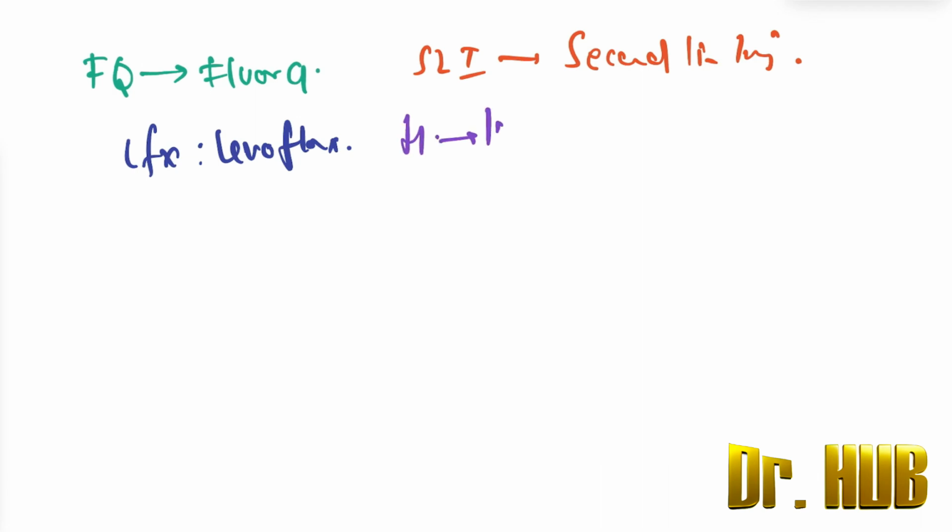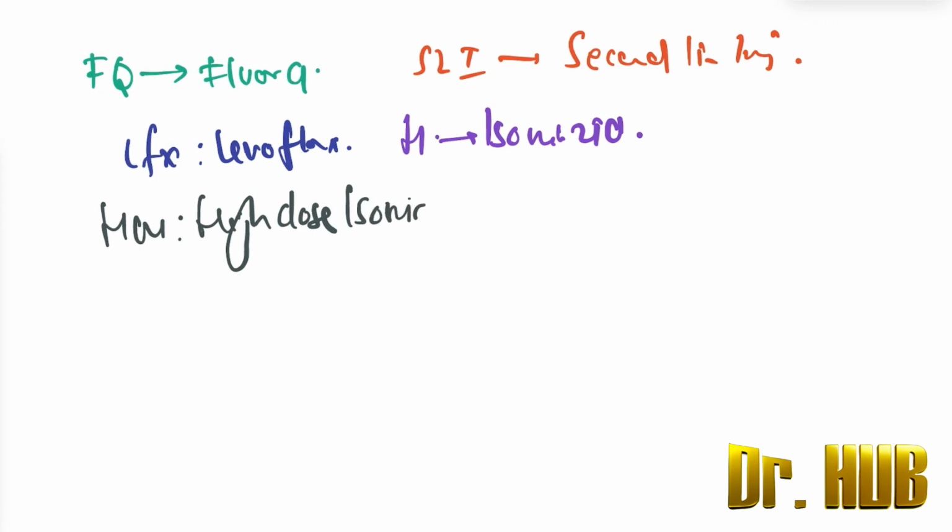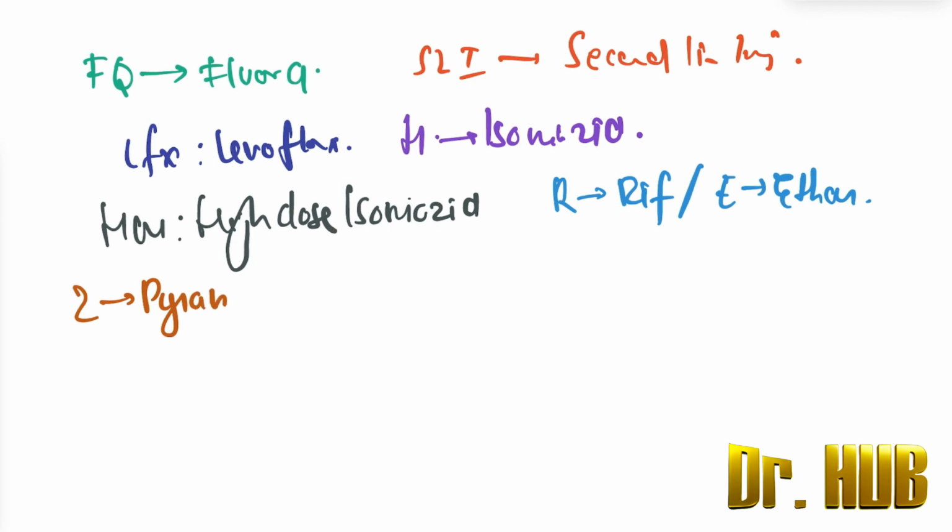H is for isoniazid. HH is for high dose isoniazid. R is for rifampicin. E is for ethambutol. Z is for pyrazinamide. Then comes MFX.